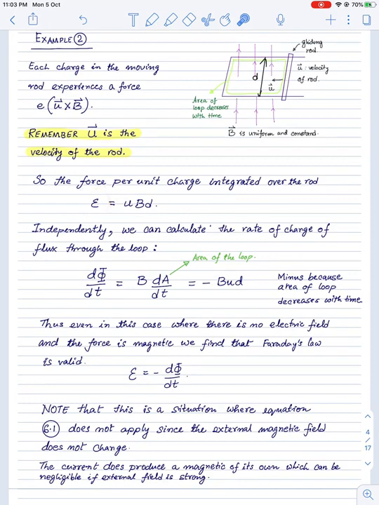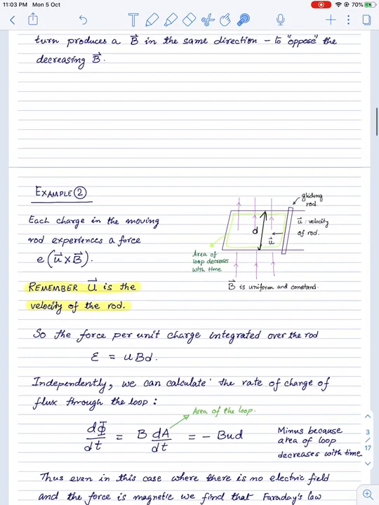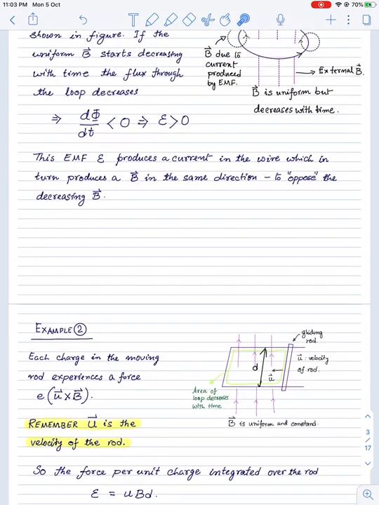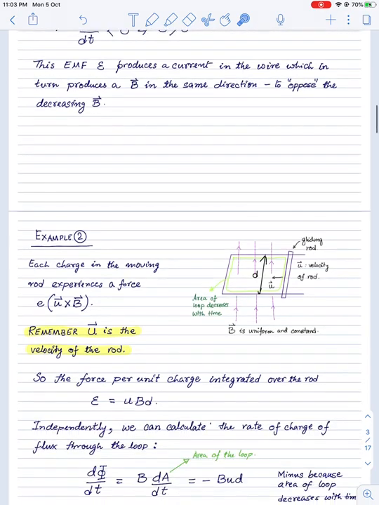And here in this experiment, we see that the force per unit charge, this EMF, is again equal to the change in magnetic flux. Now here the physics is completely different. You should understand that in the earlier case, in example 1, the change in magnetic flux was created because of the changing magnetic field, but the area of the loop was constant.